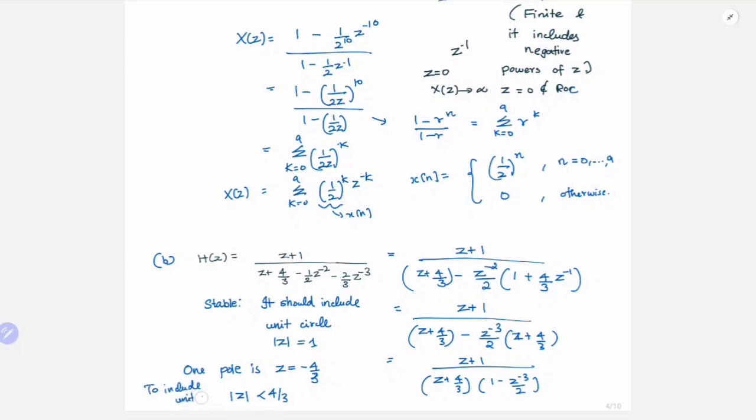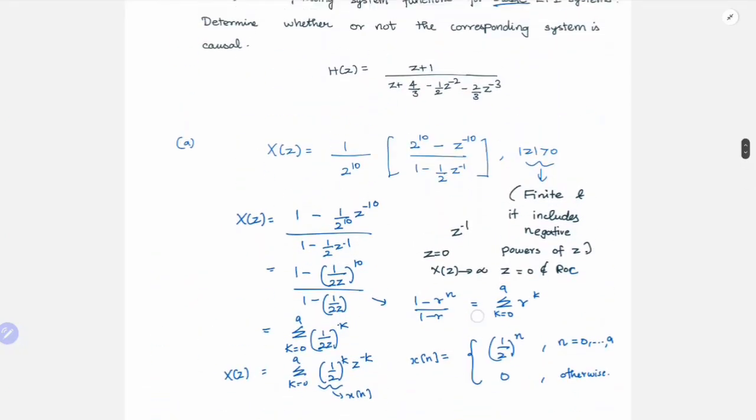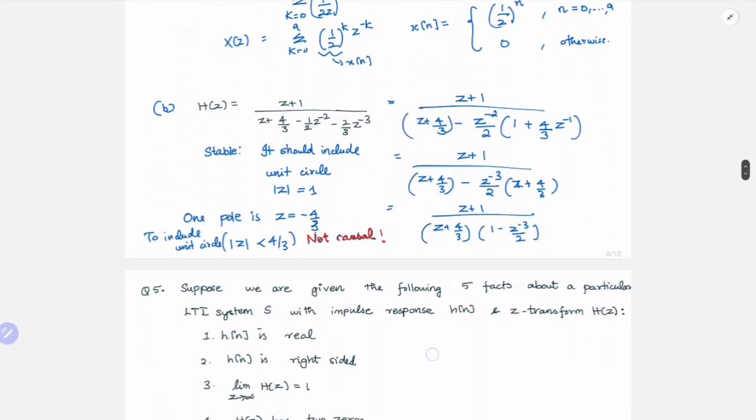The other pole is anyways less than 1. So mod z should be greater than that pole. So if you see, for a causal signal, this shouldn't be the case, right? So not causal. It should be extending from the outermost pole to infinity. So this type of system is not causal. Okay. This is your B part.